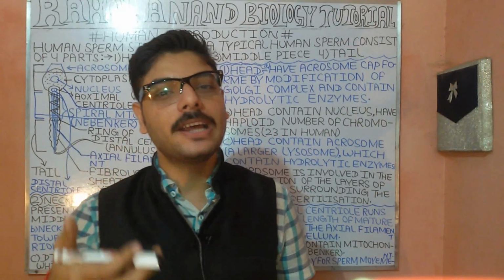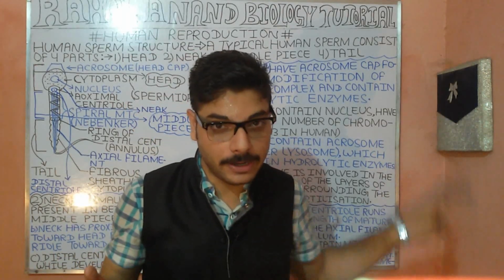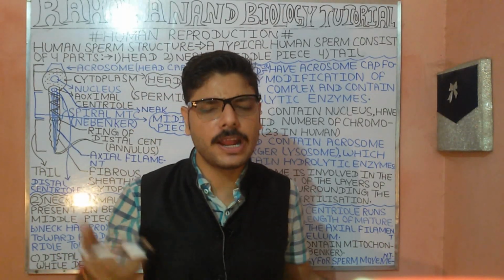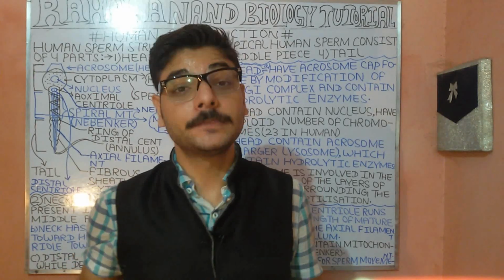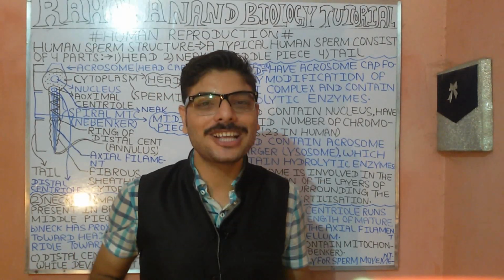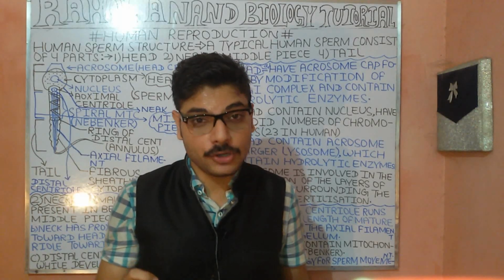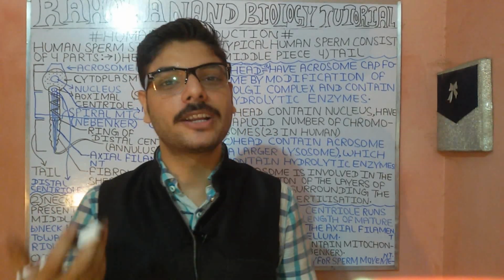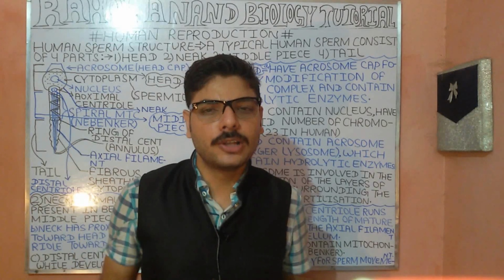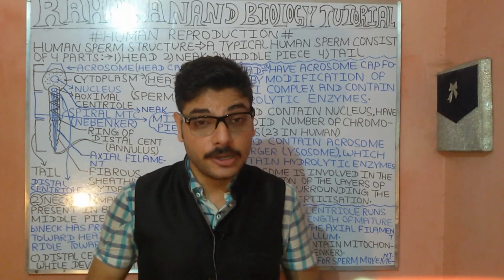We have another component. Here we have understood the term. We have the centrioles. So what are the centrioles? The centrioles are dark-shaped structures, of course, playing an important role in the formation of the centrioles.